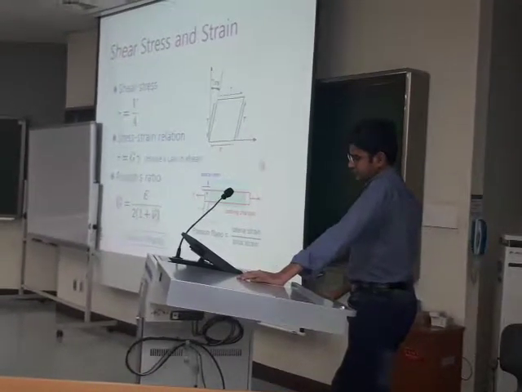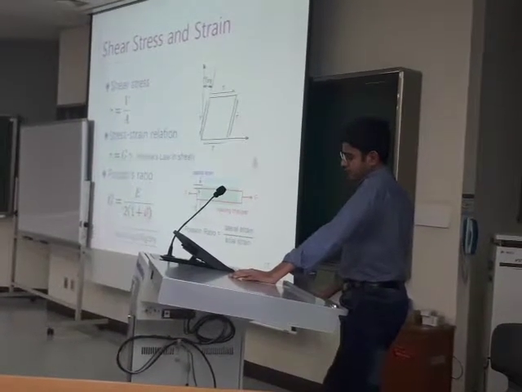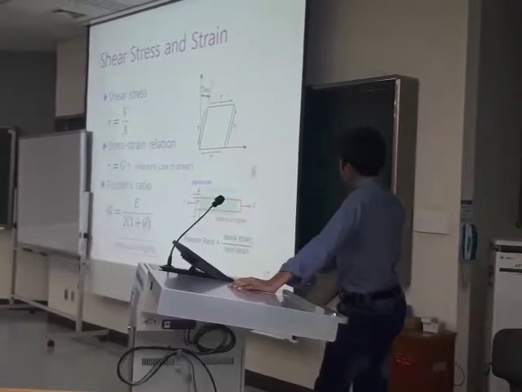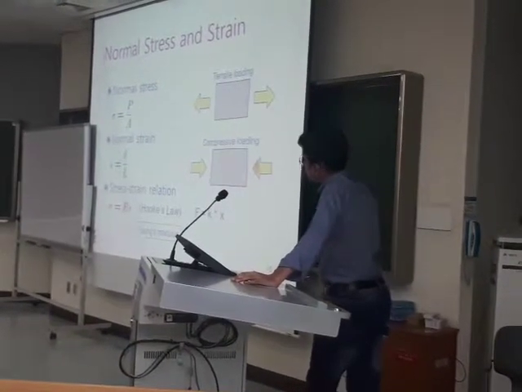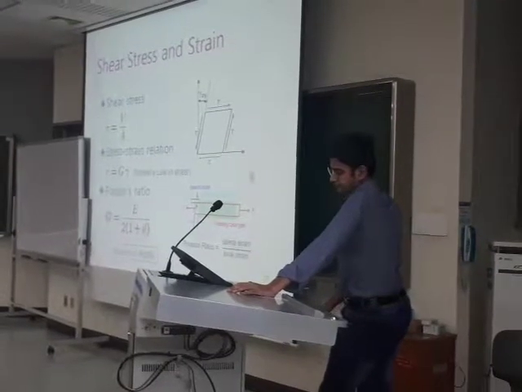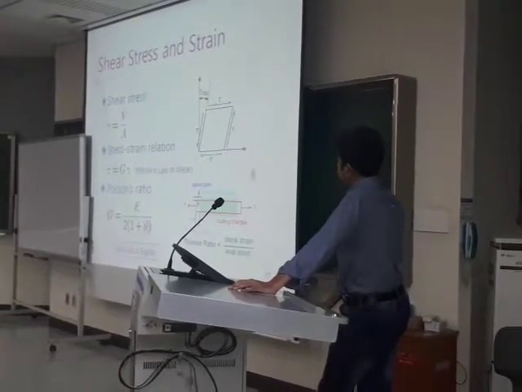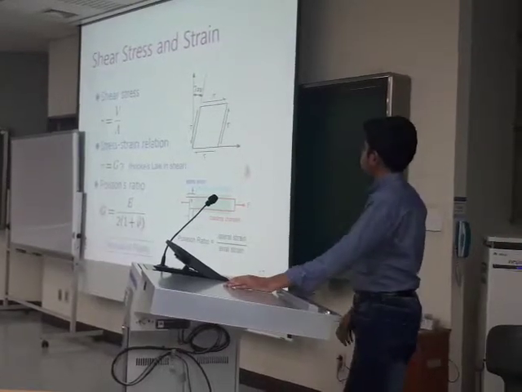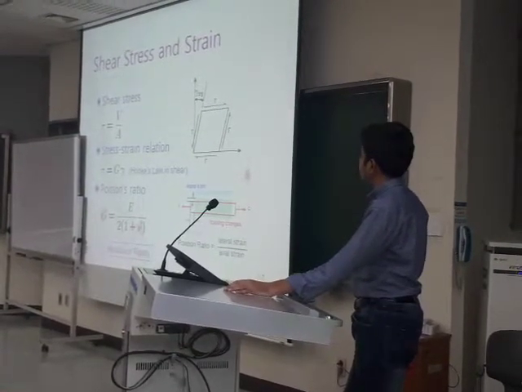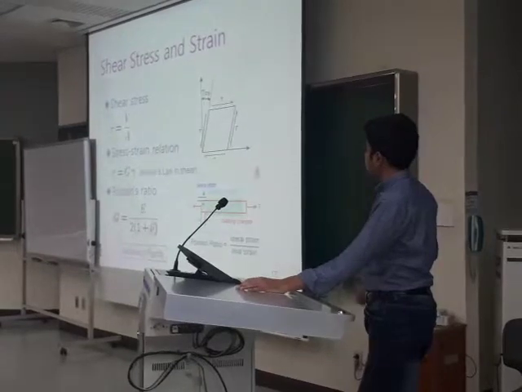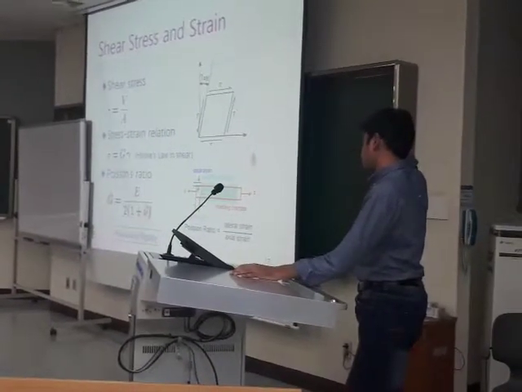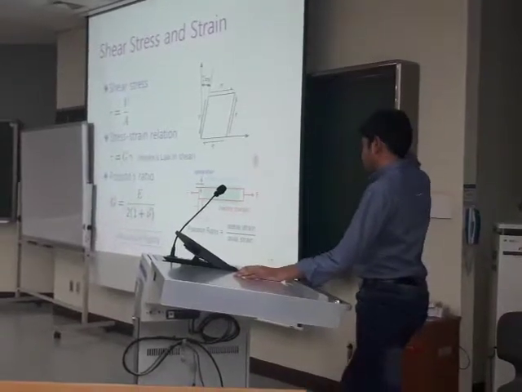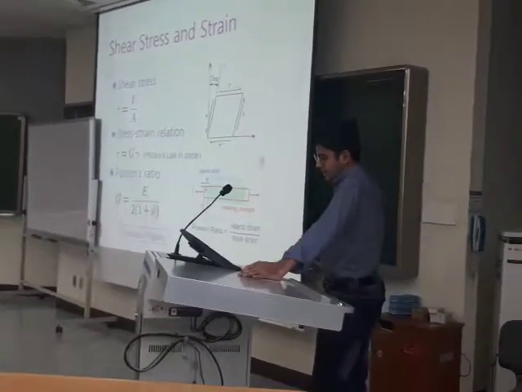Shear stress and shear strain. In case of shear force, we have shear stress. It is usually represented by tau. Previous was sigma, and there is also Hooke's law in shear, and here the constant of proportionality is called modulus of rigidity, and we have Poisson's ratio, which gives us an idea about the ratio between the lateral strain and the axial strain.